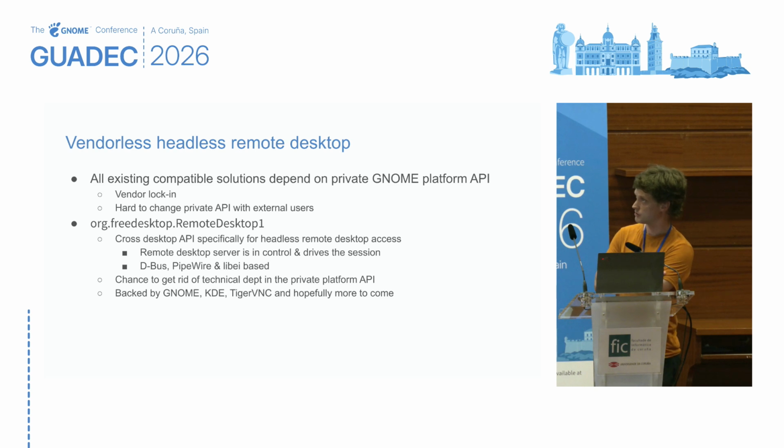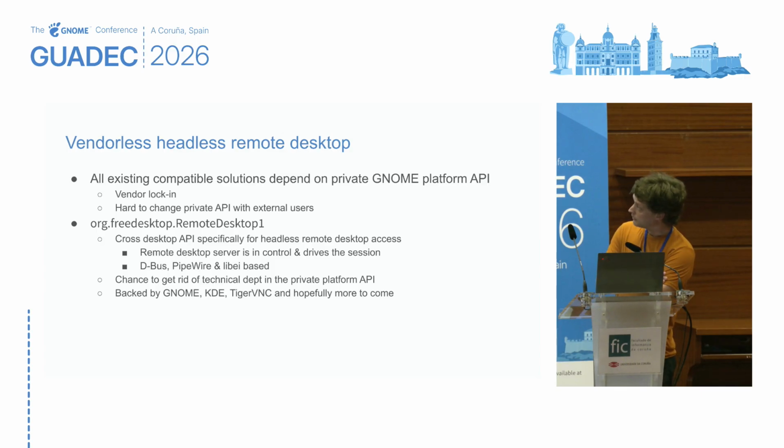It has seen usage outside of it, which makes it a bit difficult to change, and third-party solutions don't really want to be GNOME-specific when it comes to something that is supposed to work on more things, on more desktop environments.